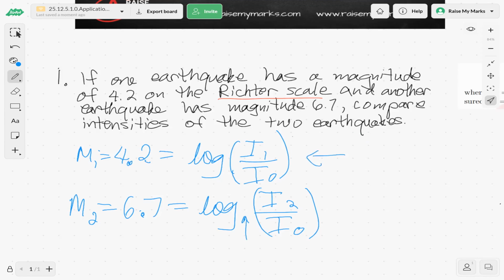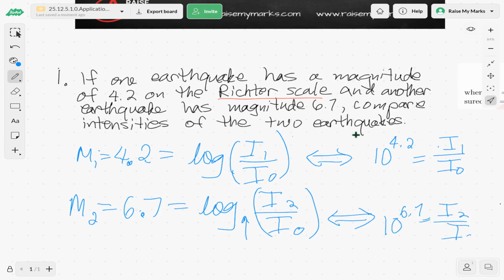So this first equation or relationship, if we use the exponential function, what do we get? We end up with 10 to the power 4.2 equals I1 over I0. So we've just removed our log. Our second relationship for our second earthquake, we have 10 to the power 6.7 equals I2 over I0.